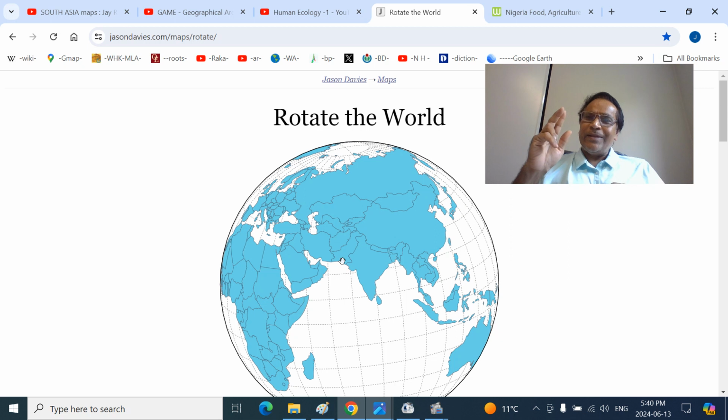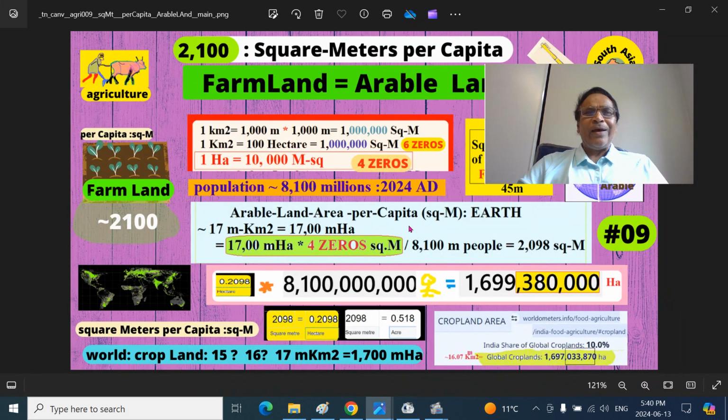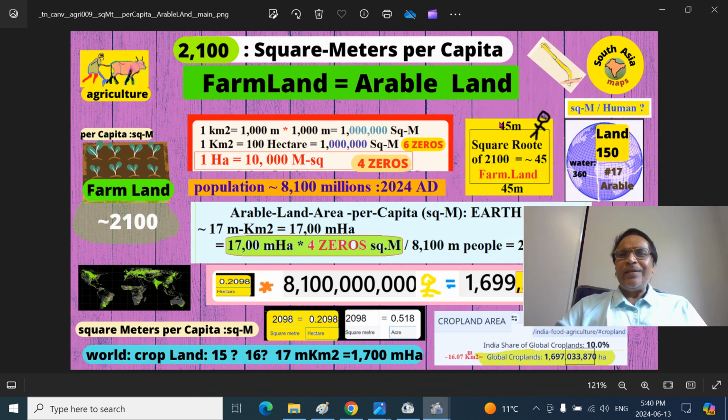You take the 1700 million hectares, add 4 zeros, you will get million square meters rather than hectares, divided by 8,000 million people or 8 billion people living on the planet Earth. That will give you roughly the area of 2100 square meters. That is the square. You get the square root, which is 45. That's how we got it very easily, starting with a land area of 150.